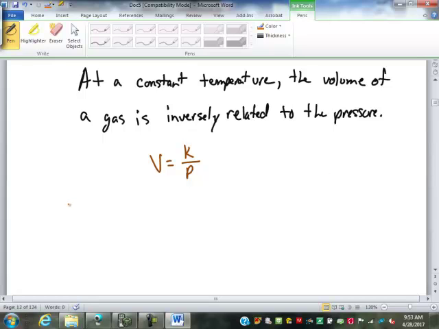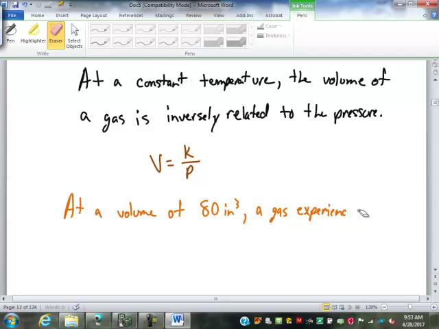So let's say we are told that at a volume of 80 cubic inches, a gas experiences a pressure of 6 pounds per square inch.